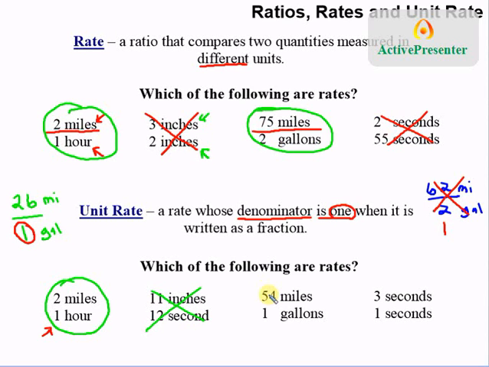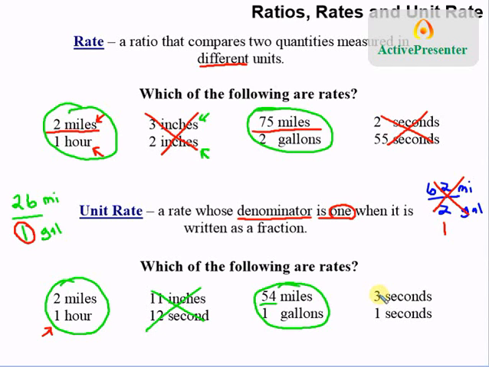How about this one? 54 miles per 1 gallon. Is it a rate? Well, yes, it has two different quantities measured in two different units. Does it have a 1 in the denominator? Yes, it does. Good. That means it is a unit rate. 54 miles to 1 gallon is a unit rate. 3 seconds to 1 second. Is that a unit rate? Well, is it a rate?